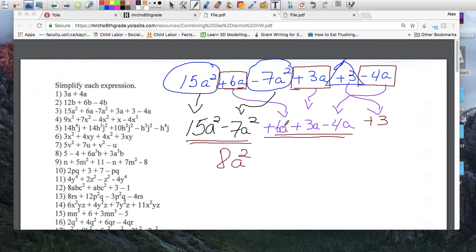Well, 6a, 6 apples, plus 3 apples is 9 apples. And if I took 4 away, I would have 5 apples left, plus 5a left over. And then that plus 3 here is doing nothing because there are no other numbers for it to be added or subtracted to. We're just going to write plus 3. So this whole big expression that we started with simplifies to this.